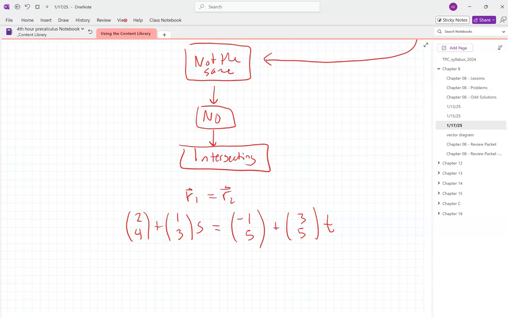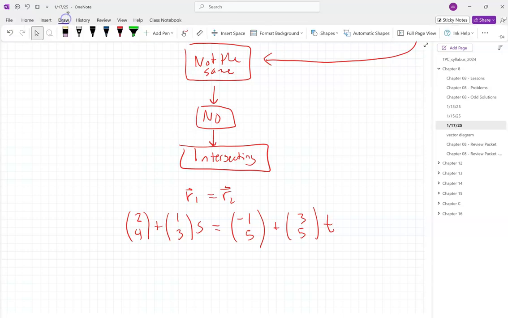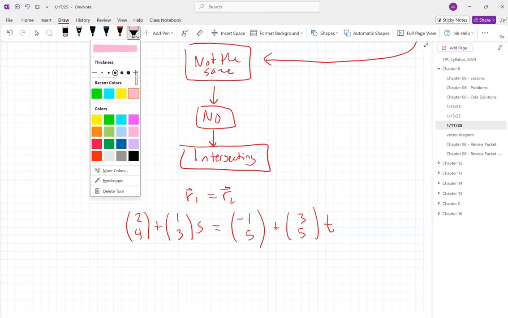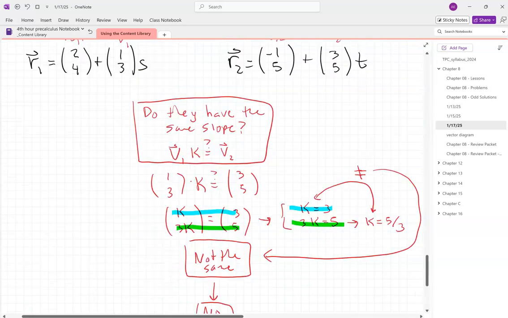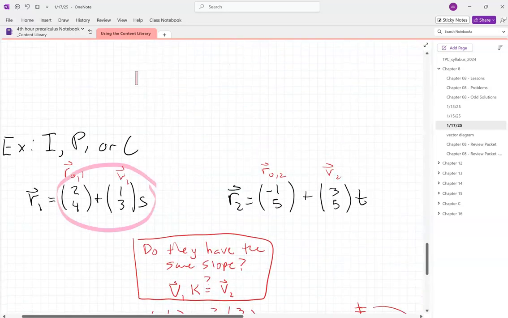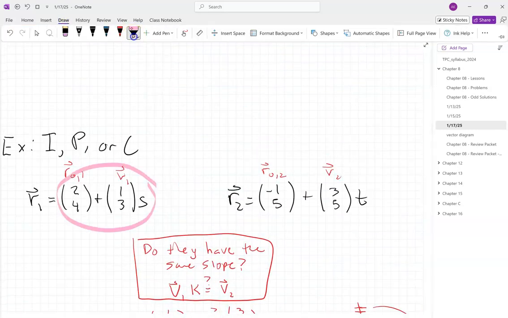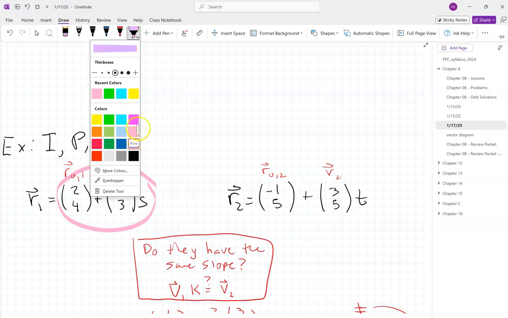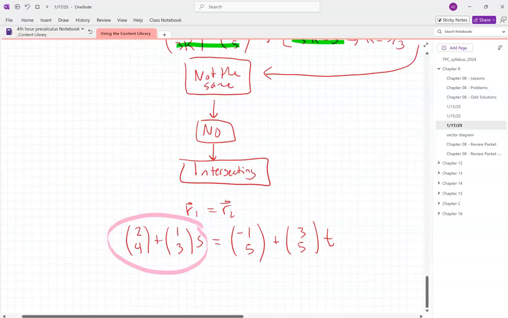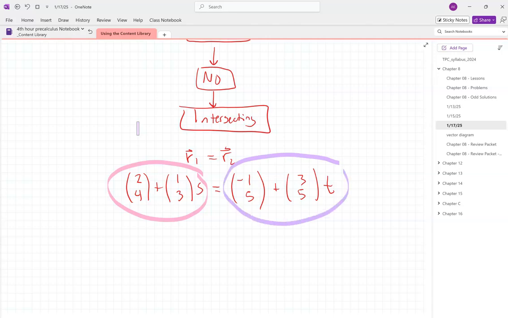Is that okay with where I wrote that vector equation from? This is just the stuff for R1, and this was just the stuff from R2, right?